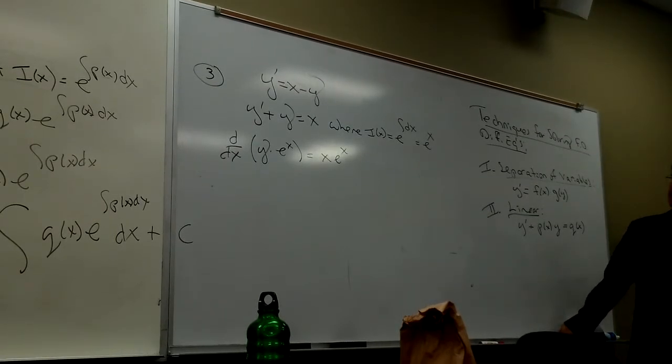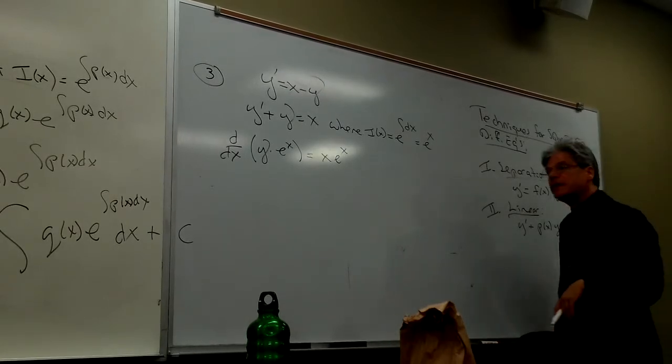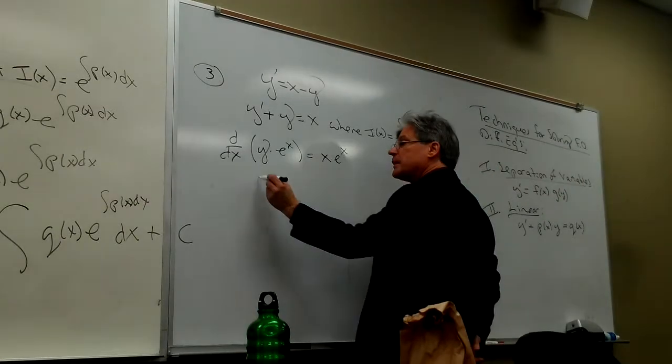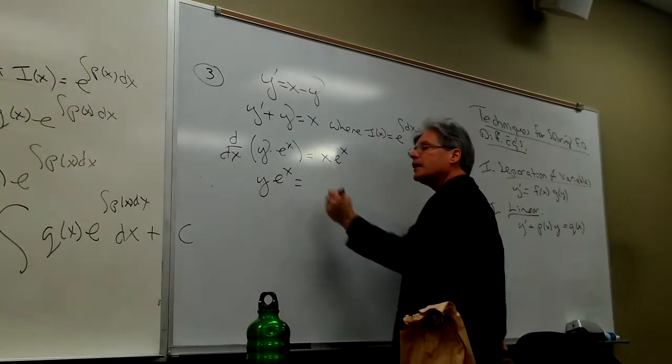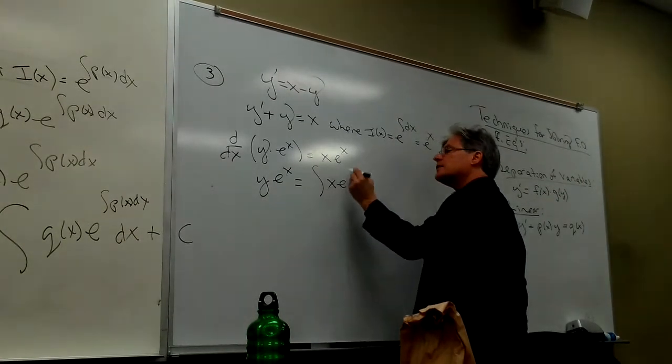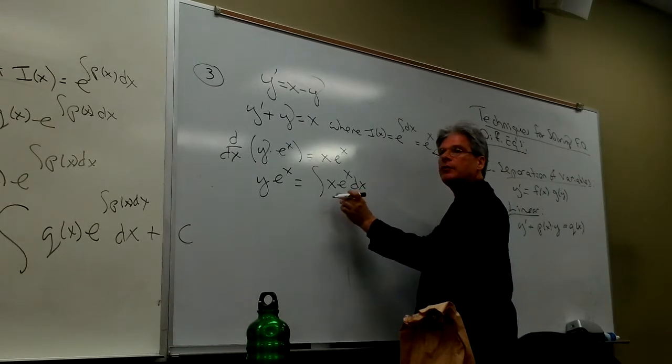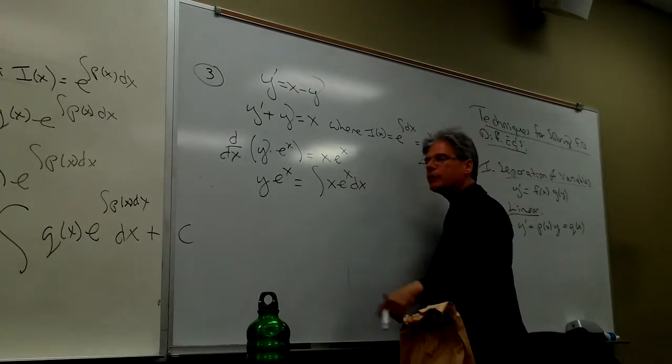Since it's my responsibility to find y in terms of x, I better undo the differentiation process with respect to x on both sides of the DE. That means I get y times e to the x on the left-hand side, and on the right-hand side, I get the integral of x e to the x with respect to x. Oh, look at that. A Math 31 question. Piece of cake. We're Math 31 experts.